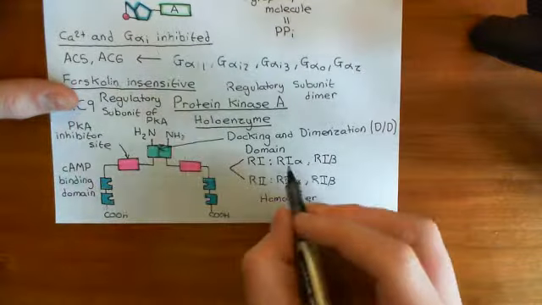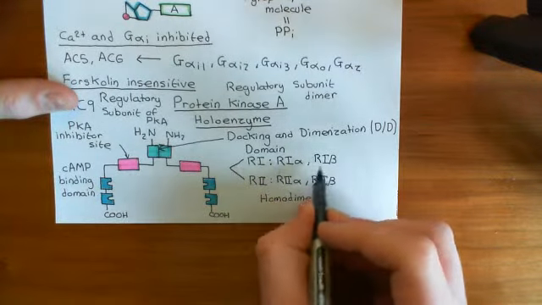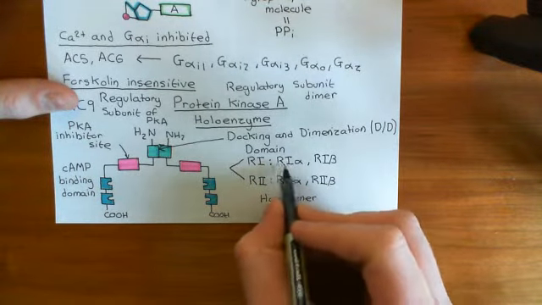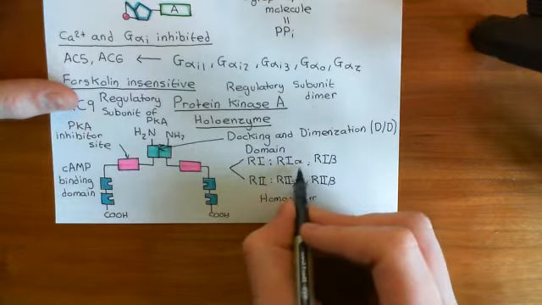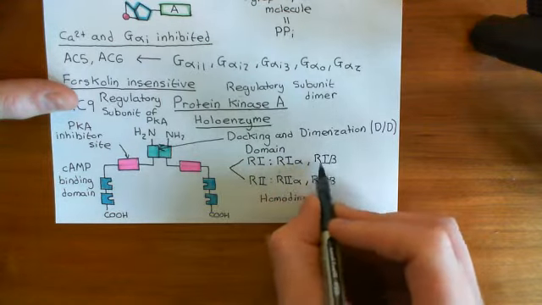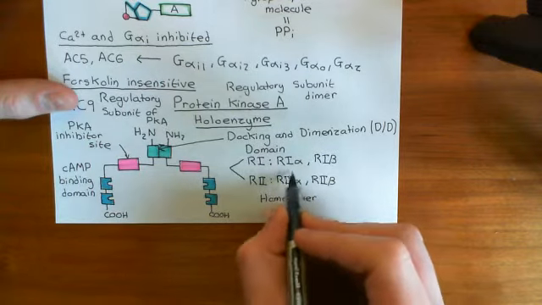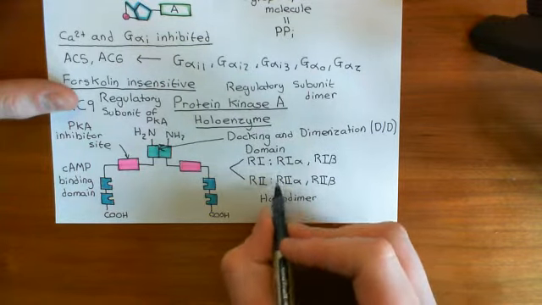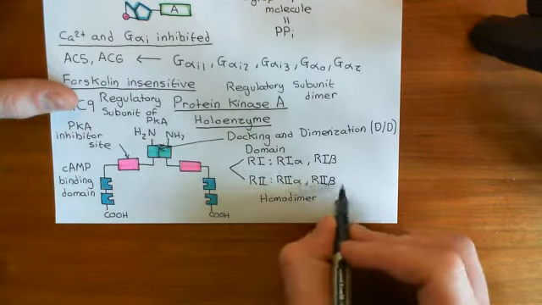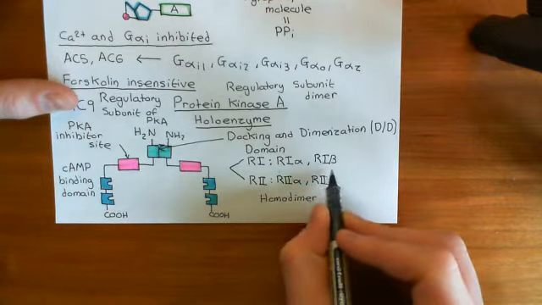Okay, right, and you can form homodimers for all 4 of these. So there is a type 1 regulatory subunit alpha homodimer, there's a type 1 regulatory subunit beta homodimer, there's a type 2 regulatory subunit alpha homodimer, and there is a type 2 regulatory subunit beta homodimer.